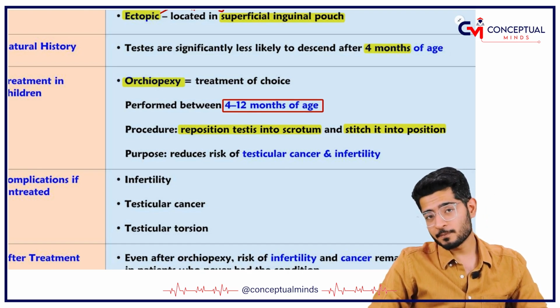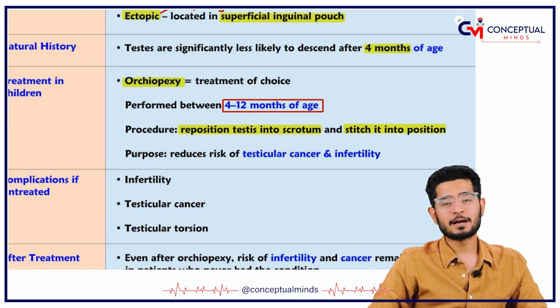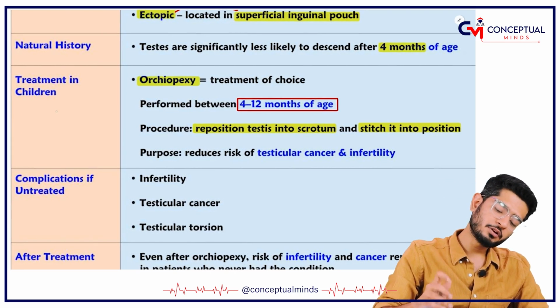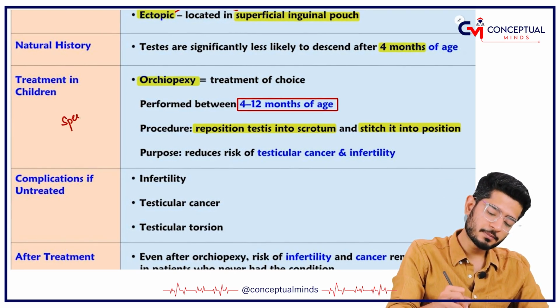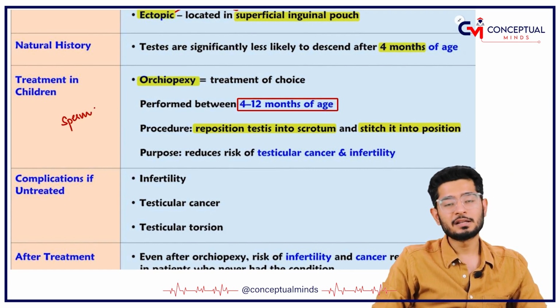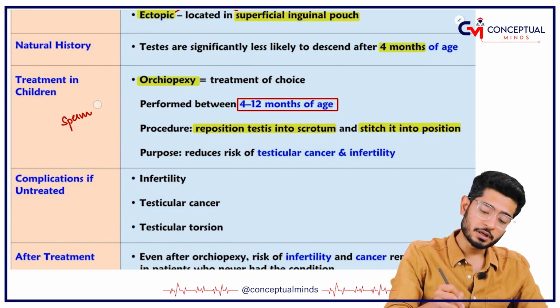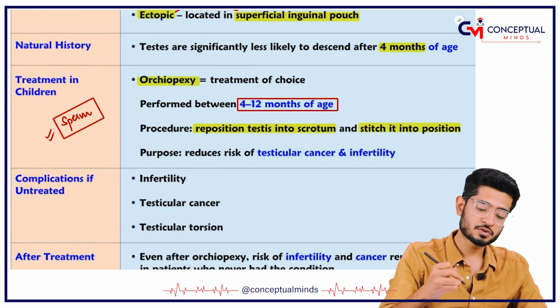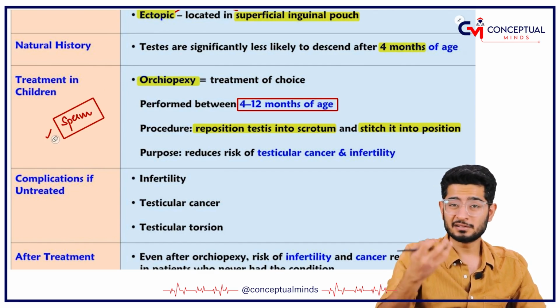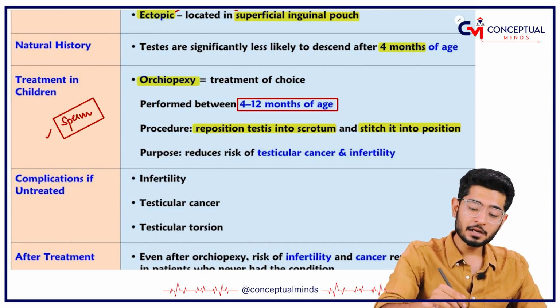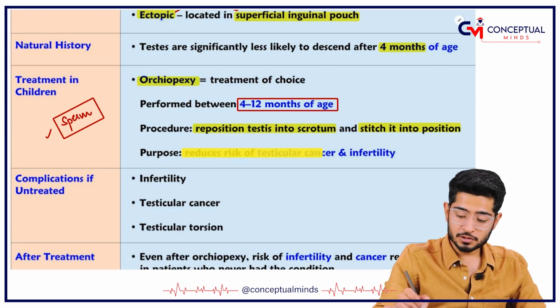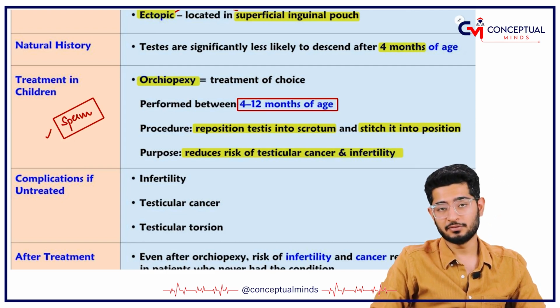Now, why do we perform this? Why are we not happy even if the testis is in the abdomen or mid-inguinal? In order to produce spermatozoa, the testes need to be in an environment cooler than body temperature, so it is our duty to have them in the scrotal sac. Also, it reduces the risk of testicular cancer and infertility.